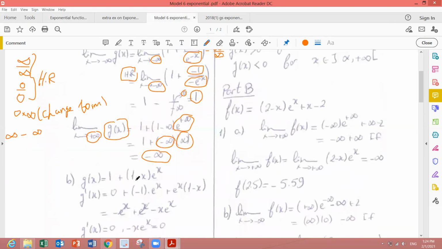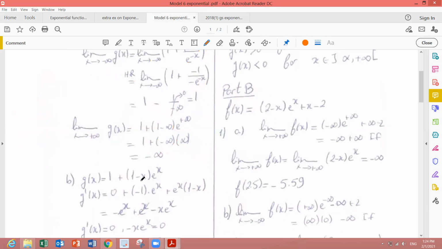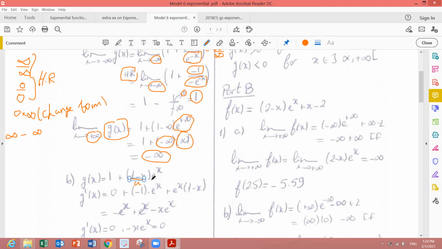So u dot v. هيدا derivative لل1 0. هيدا u وهيدا v. g prime x equal derivative لل1 0, u prime derivative لل1 minus x is minus 1. This is u prime times v, times e to the x, plus v prime, derivative lel e to the x is e to the x, times u, 1 minus x.